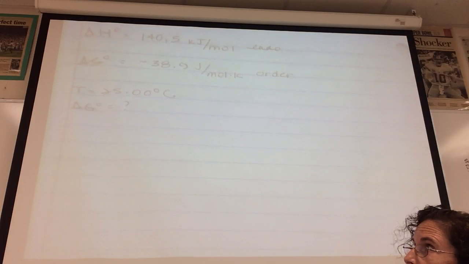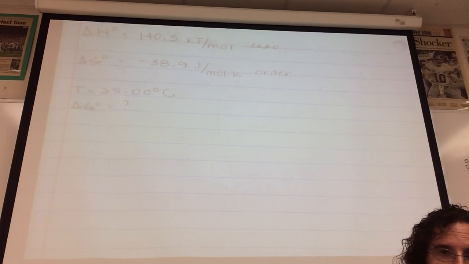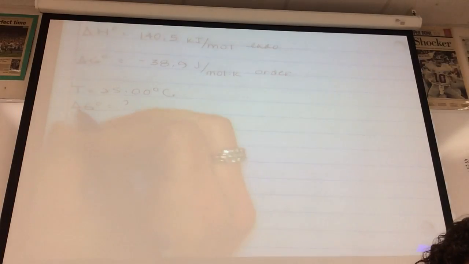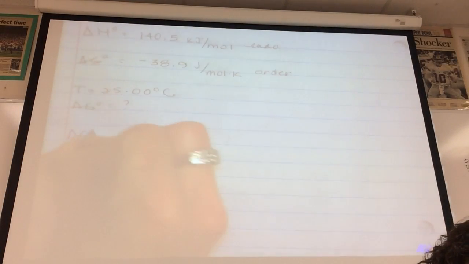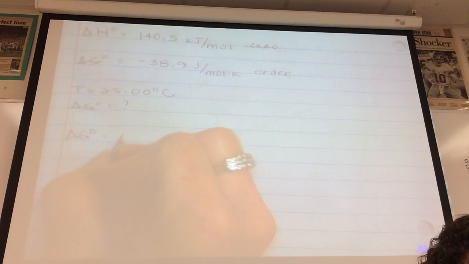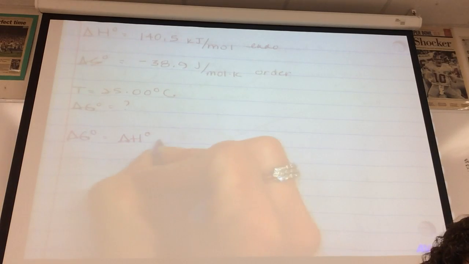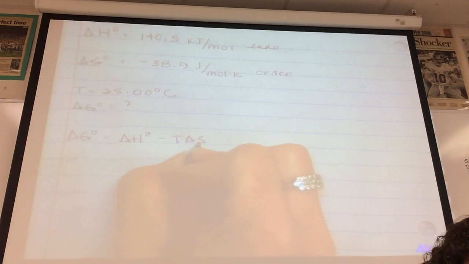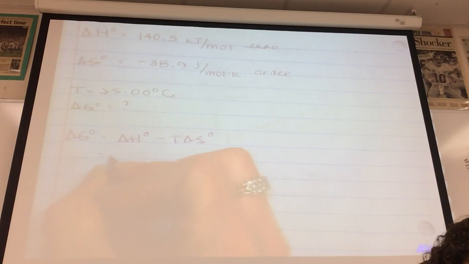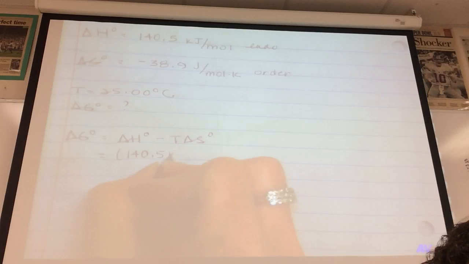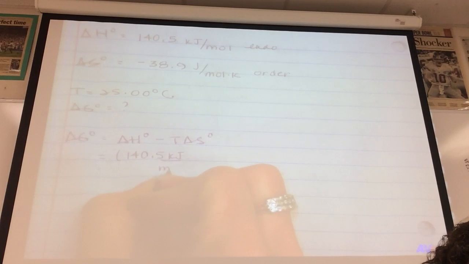I don't foresee you having any issues here as long as you plug quantities into equations. If you've got your units, it'll drive you home. So delta G is equal to delta H minus T delta S. We've got 140.5 kilojoules per mole.